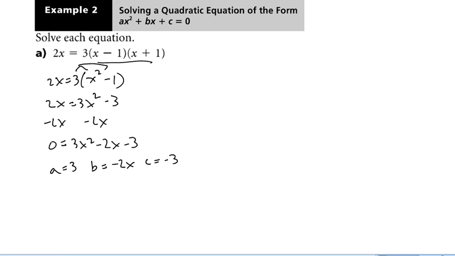Okay, so there's our a, b, c. Let's find big D. Oops, b is negative 2, not negative 2x. So D is going to equal negative 2 squared minus 4 times 3 times negative 3. So big D is going to be 40.